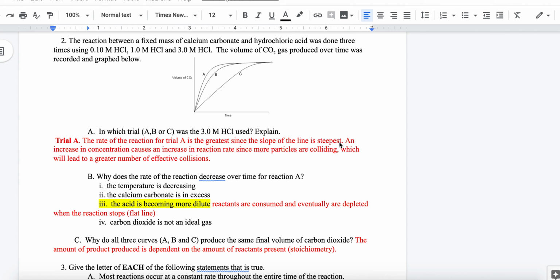and that's going to result in the 3 molar acid being used. Now, over time, for all of these graphs and all of these lines, the rate decreases. And this is simply because as the reaction is proceeding, the concentration of your reactant, HCl, is going down. Think about this in terms of an ICE diagram.